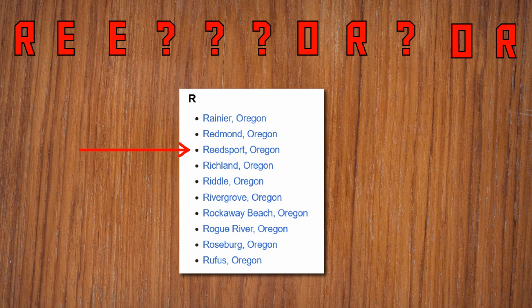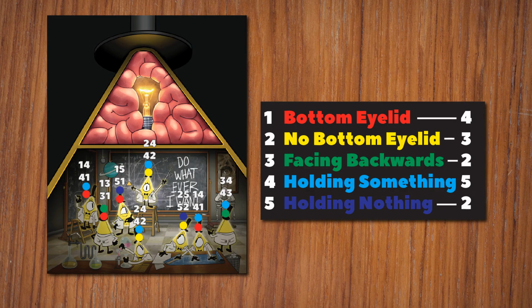So how can we use our new knowledge of Polybius cipher for the Book of Bill? Looking at some of these images in Bill's wallpapers, we're starting to notice some patterns. For example, one that was noticed is, out of all these bills, some of them will have this bottom eyelid, some of them won't have a bottom eyelid at all, some of them are facing backwards, some of them are holding something, and then some of them are holding nothing.